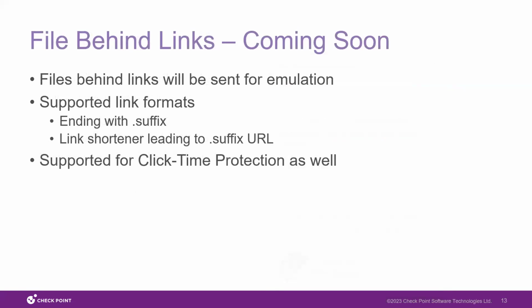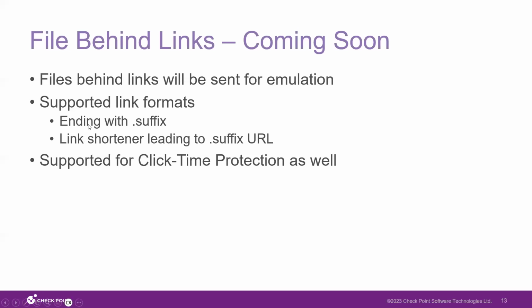Now, the other thing that we have coming soon, expected, don't hold me to this, expected yet this month, potentially early February, is we're expanding our protection further, so that if that QR code or that link is doing a direct download of a file, we're going to send that downloaded file to our emulation sandbox for attachments, and run it through full emulation, really looking for those 0-day attacks.